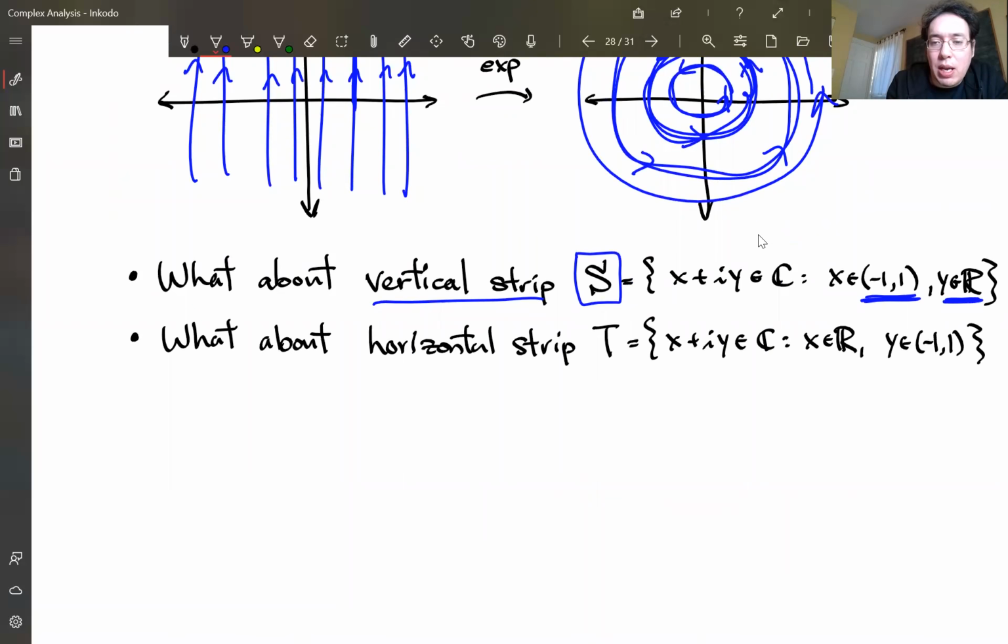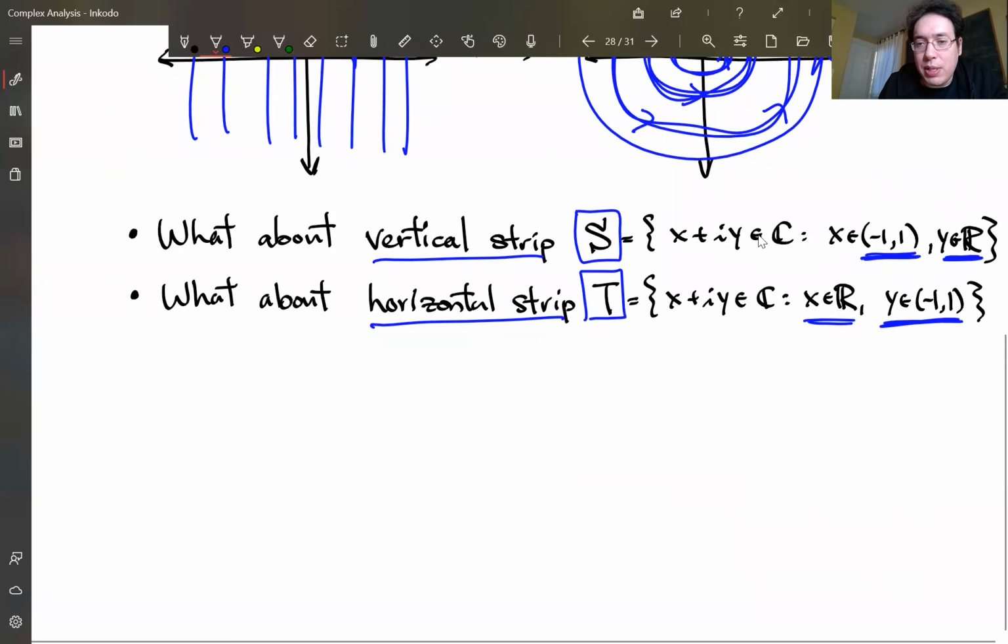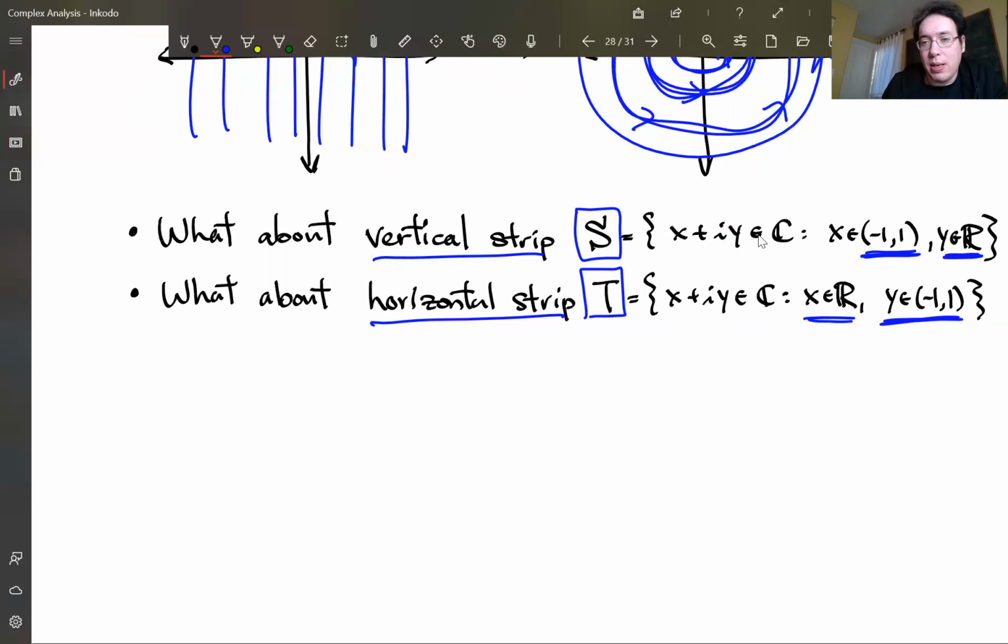And I want you to also try to analyze what a horizontal strip would look like. Here, let's restrict y between -1 and 1, and x is allowed to vary. So pause the video, try to see if you can sketch it for yourself. And I'll show you the picture now.